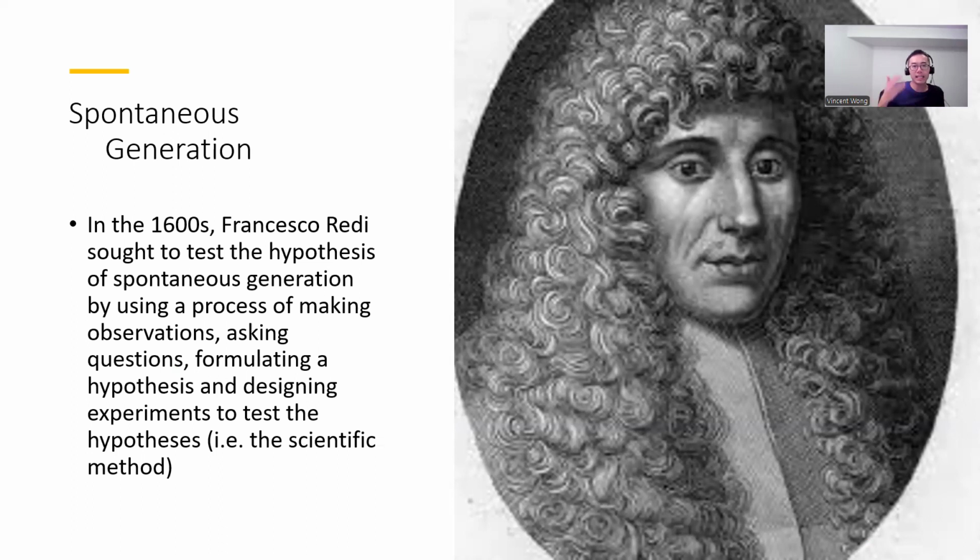The way that he tested it involves making observations, asking questions, and so on and so forth. If that sounds familiar to you, that actually is the scientific method. He is credited with being the first person to come up with this scientific method and to use it to test whether a hypothesis is true or not.